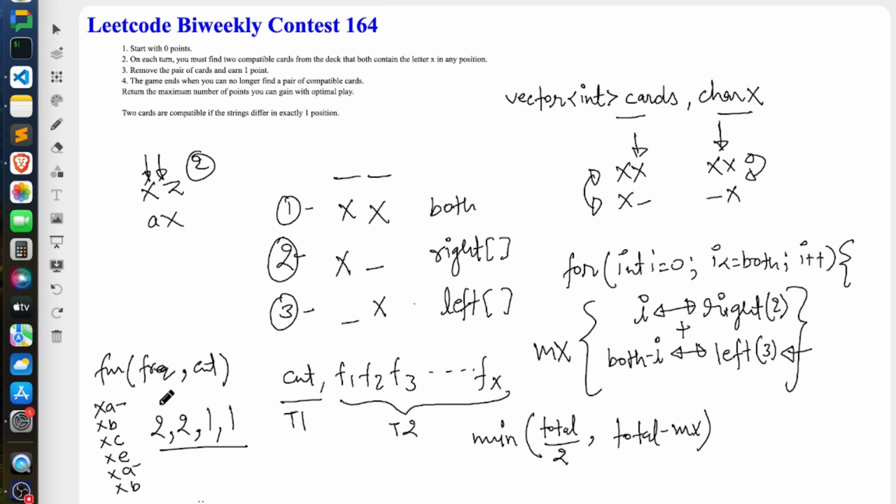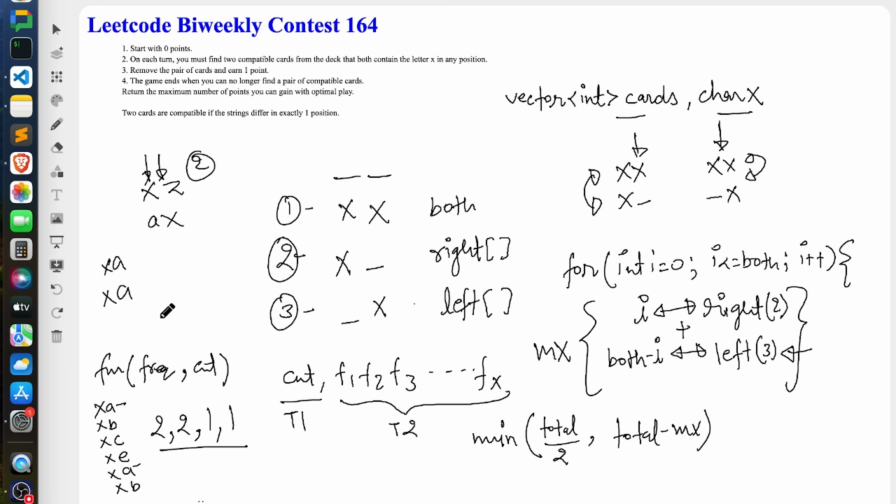Since there are two exactly same cards, for these two cards won't be compatible. XA and XA are not compatible because they differ in no position, both are exactly the same.